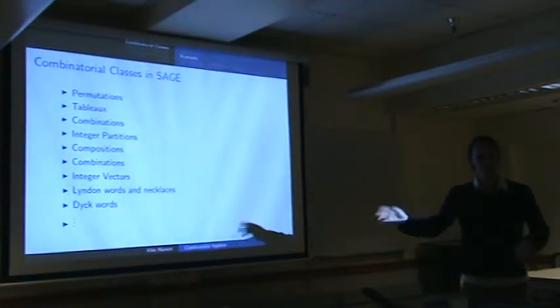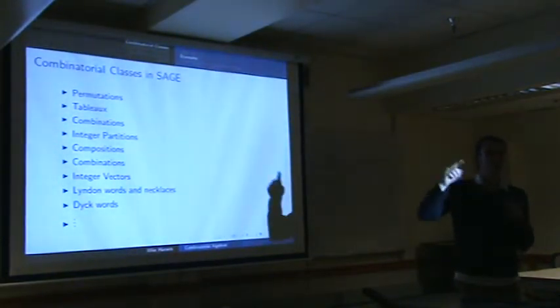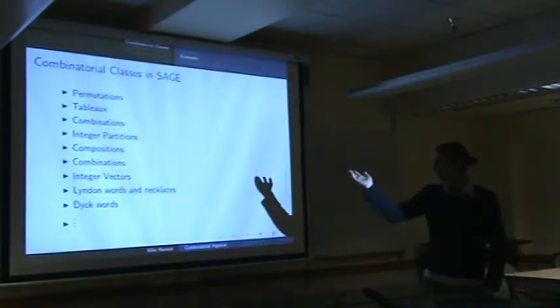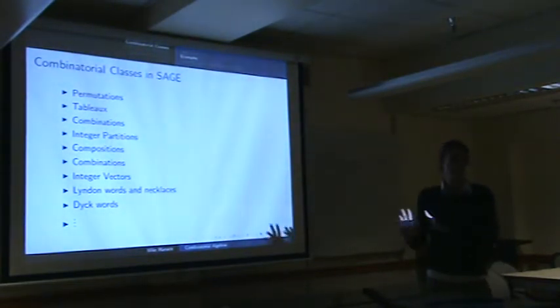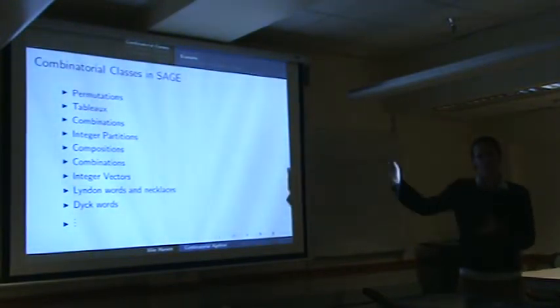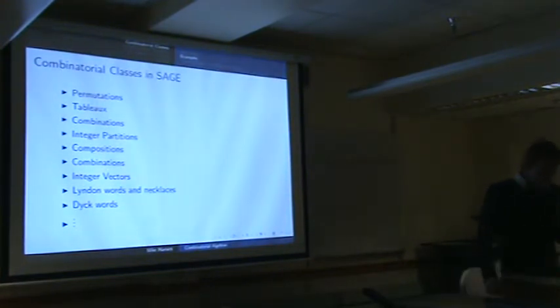For example, they sum to n, but maybe they never increase by more than 2 from one spot to the next. Lyndon words, necklaces, thick words, all of these things are in Sage, and they're combinatorial classes, so you can do all of those operations that I went over before with them.